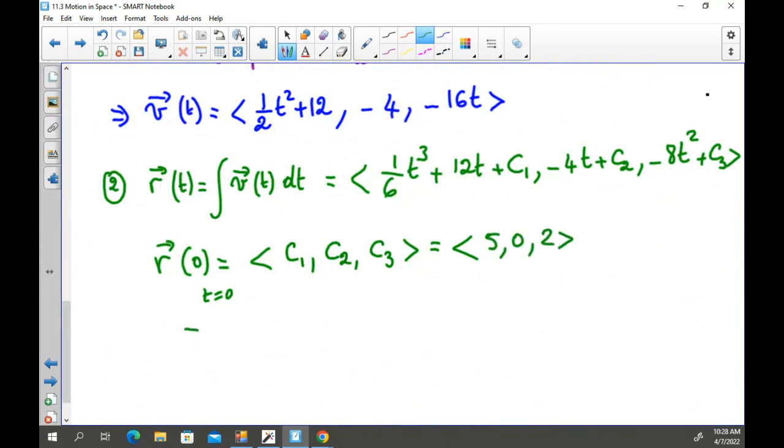So that means C1 is 5, C2 is 0, and C3 is 2.